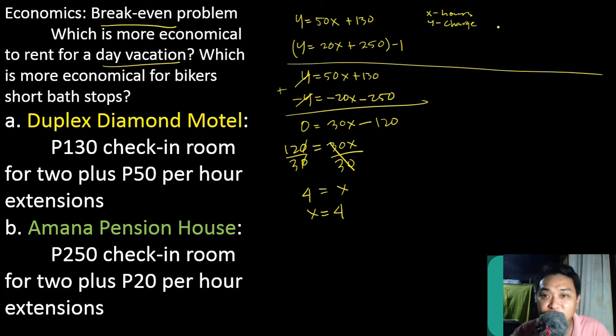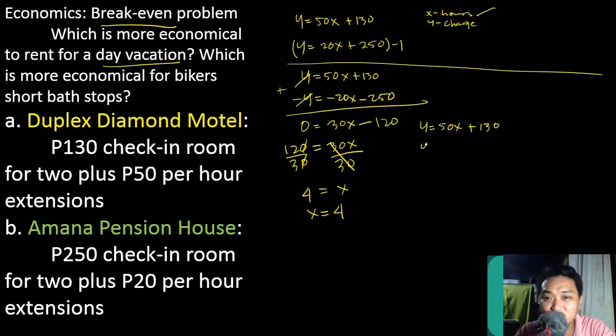O, yung number of hours pa lang yan. Hanapin pa natin yung charge. So, we can make use of either one of the linear equation. So, let us make use of y is equivalent to 50x plus 130.